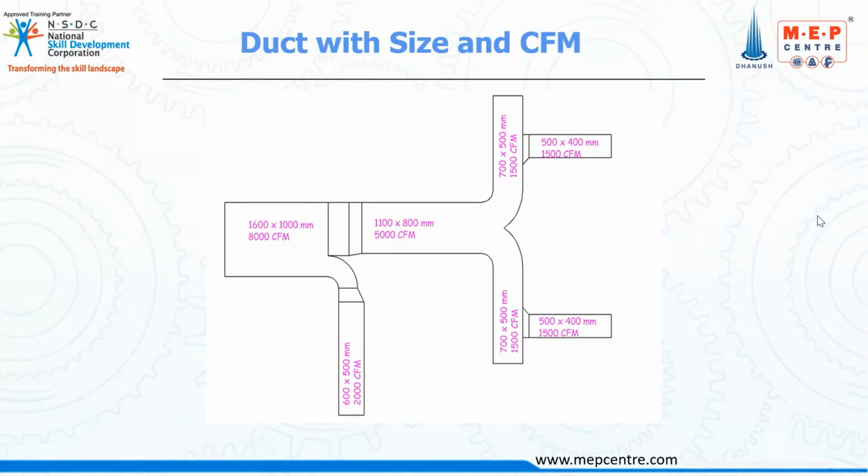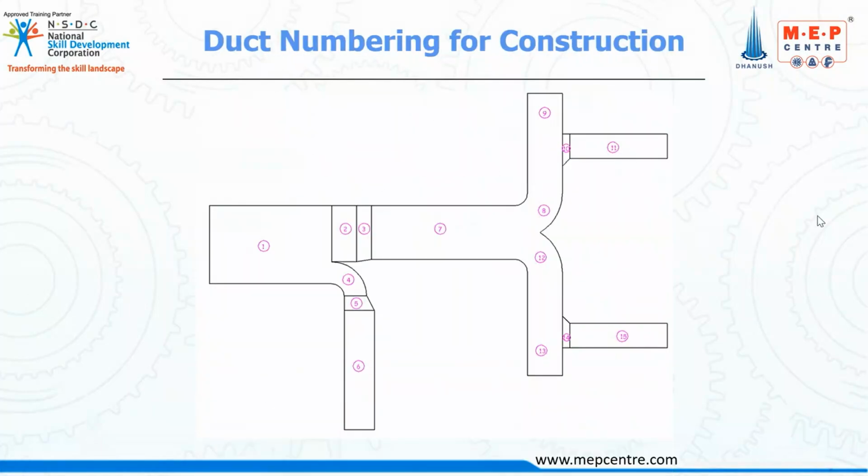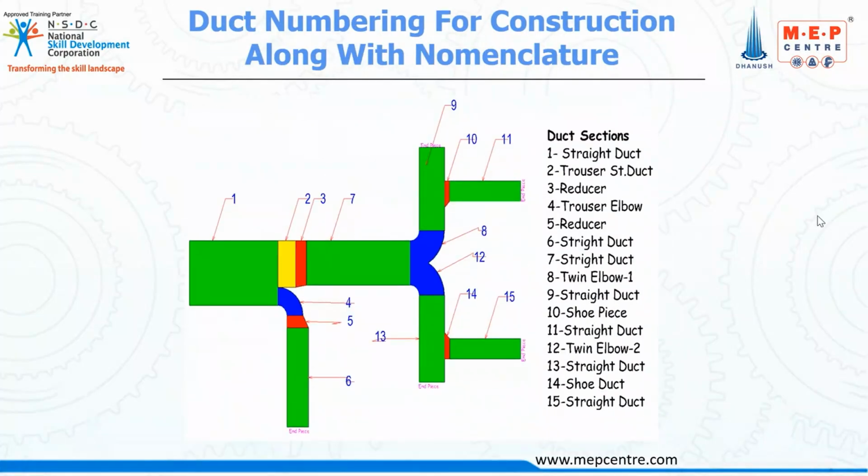So we are going to elaborate this. We have separately divided it into sections first: section 1, section 2, section 3, and we'll define what each section is. Section 1, section 2 is a reducer, section 3 is a trouser, section 4 is a trouser elbow. Like that we have divided this.